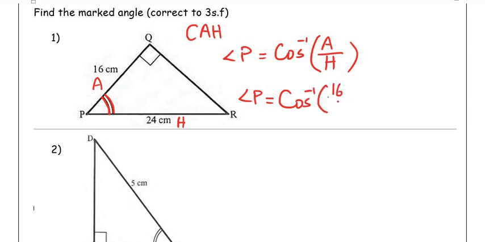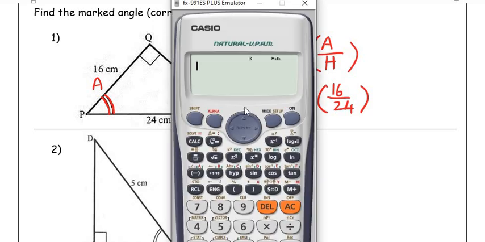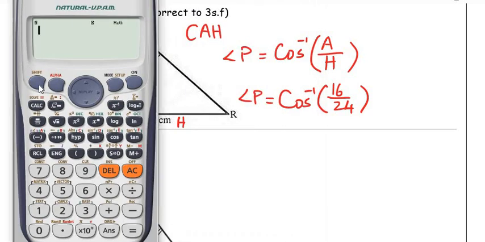So 16 over 24. How will you put it in the calculator? Let me show you. So here is the calculator. How can you put the values here? Write shift and then cos to get cos inverse on the screen, and then write 16 over 24.